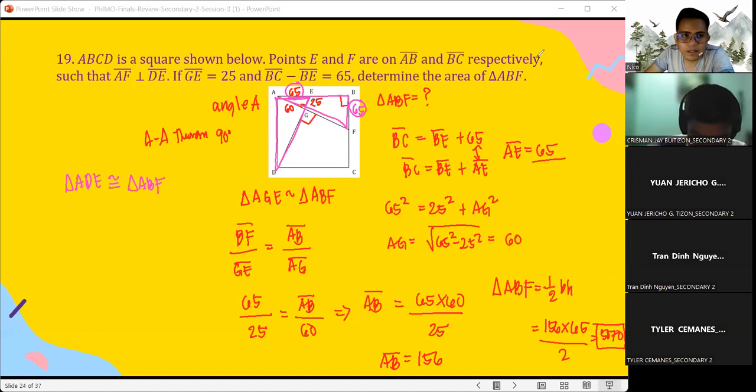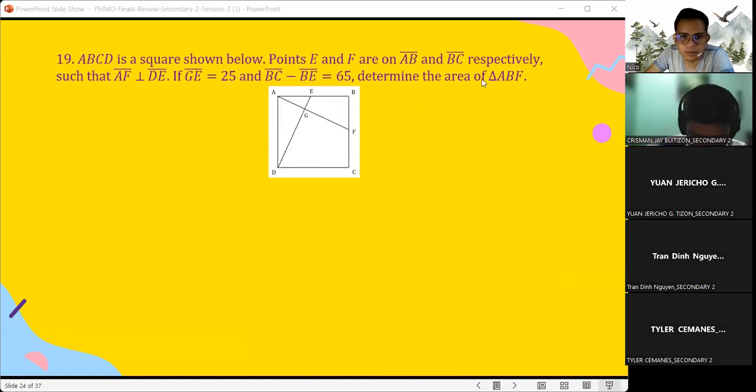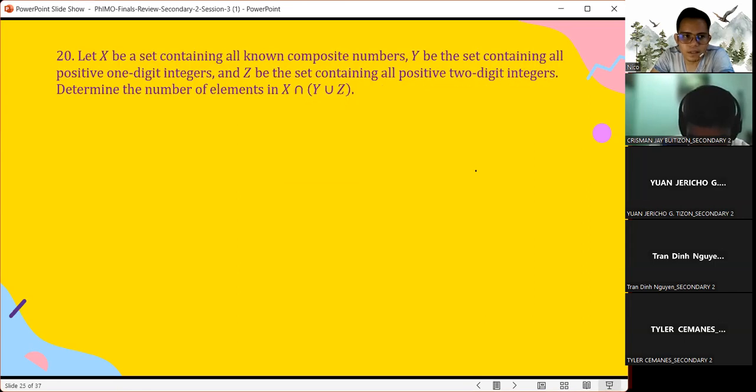Okay. Let's have number 20. Okay, 5,070. Okay, number 20. So let X be a set containing all known composite numbers.